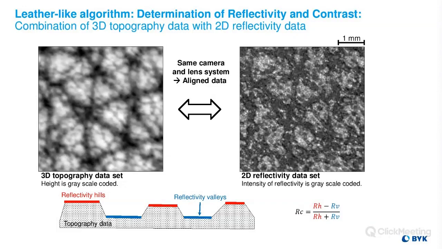The pixel by pixel reflectivity data can be overlaid on top of the topography image. Then we can determine the reflectivity of the highest points and the lowest points, the hills and the valleys. And we can combine those values to calculate the reflectivity contrast using this equation at the bottom right, the difference divided by the sum.